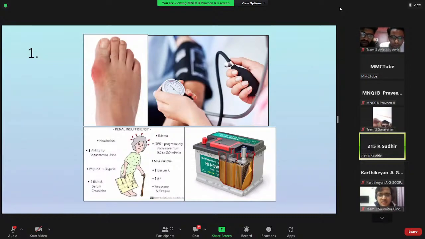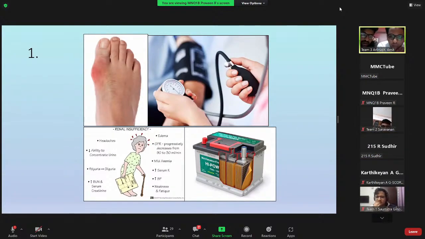Team 1 and Team 2 have bounced. We'll go for the answer from Team 3. Lithium-induced nephrogenic diabetes insipidus. That is the wrong answer. Okay.